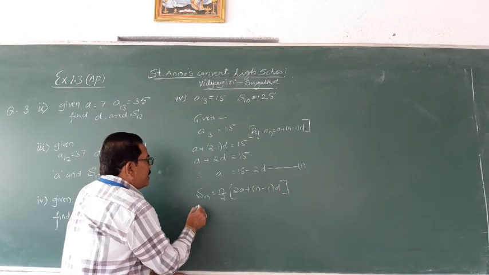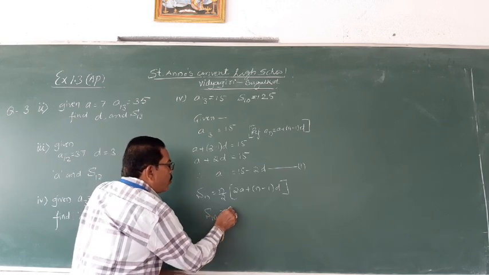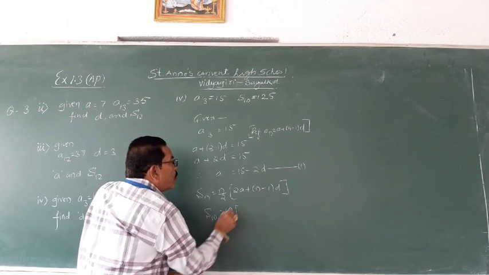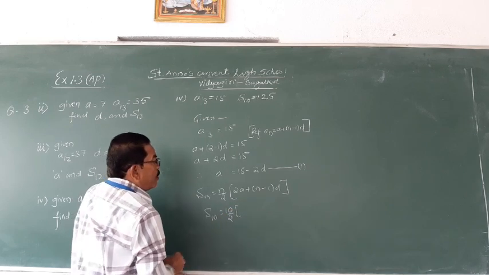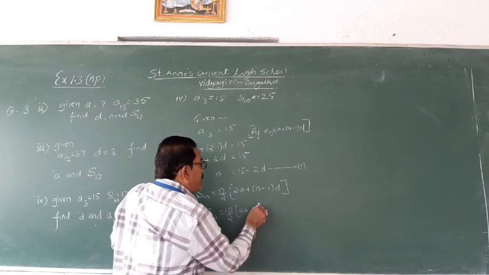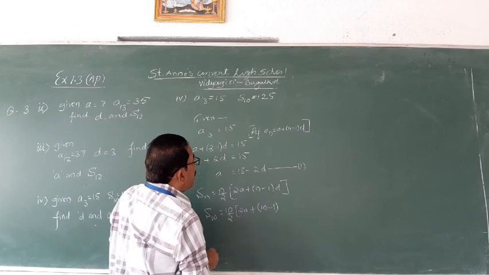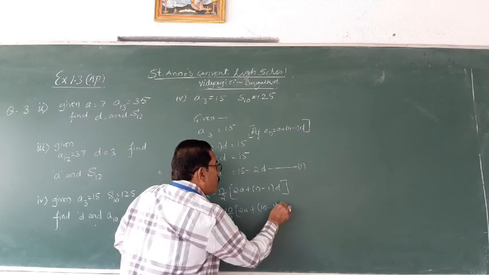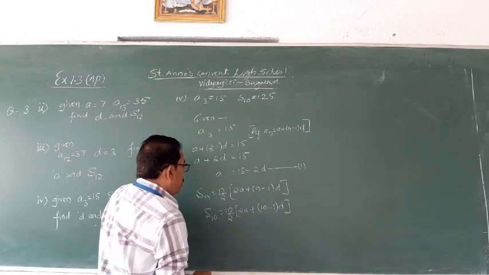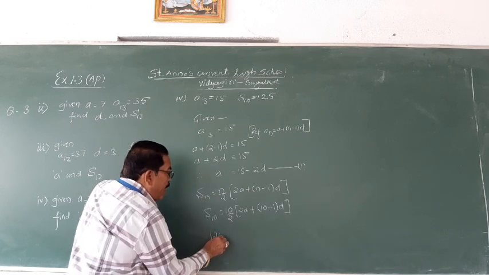So S10 equals 10 by 2 in the bracket 2a plus (10 minus 1) into d. We do not know the value of a or d.